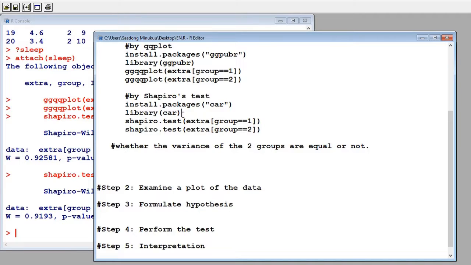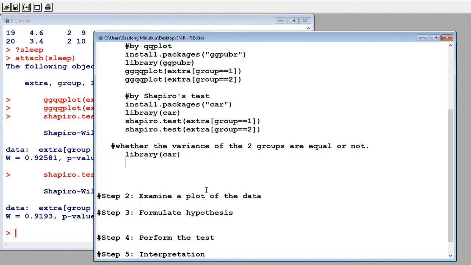So you make sure you repeat this procedure: install.packages in brackets, car, and then load it in your library. Since I've already installed it, there's no need for repeating. I'll just load it once again by writing library, in brackets, car. After loading it, you can go ahead and perform your Levene's test for homogeneity of variances.